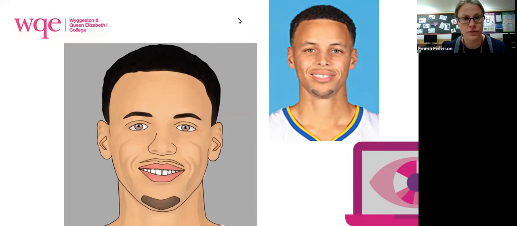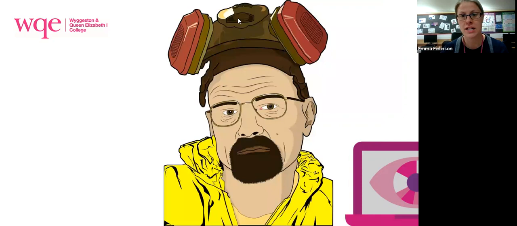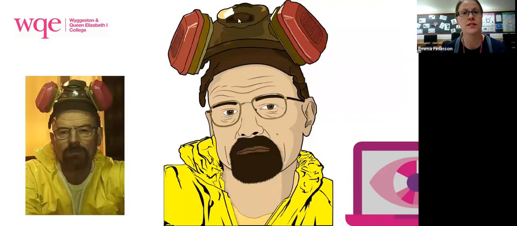Again, some lovely quality in the detail and the shading on the face there. And last but not least, we've got Heisenberg. Again, you can see the great detail that the student has put into the work, and this is the kind of standard that we're expecting for the level 2 courses.